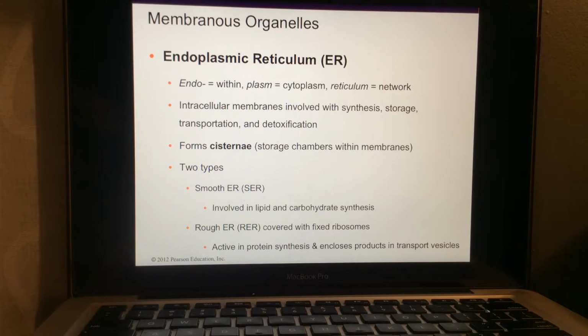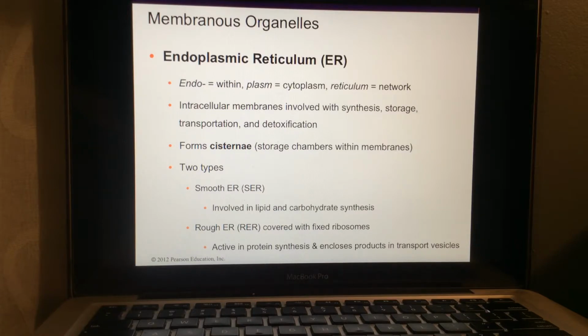Smooth is involved with lipid and carbohydrate synthesis, and the rough endoplasmic reticulum, covered with the fixed ribosomes, is active in protein synthesis, and it is able to enclose these products to transport them out of the cell and to repair other cells.